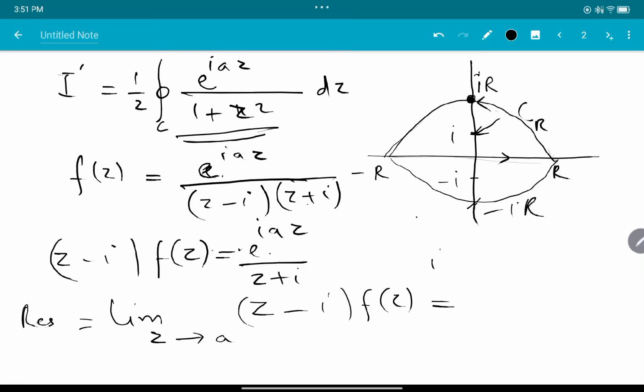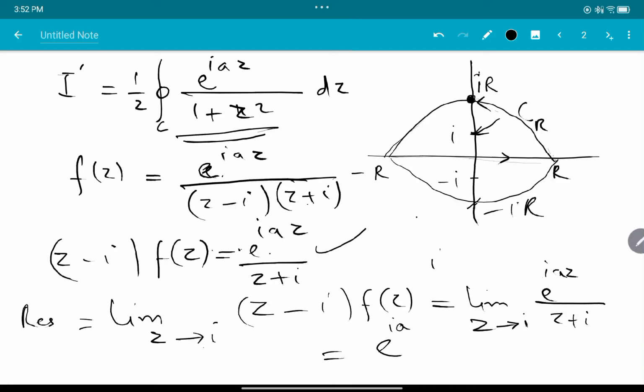This equals the limit as z tends to i of e raised to i az divided by z plus i. When I substitute z equal to i, the singularity is i, not a.